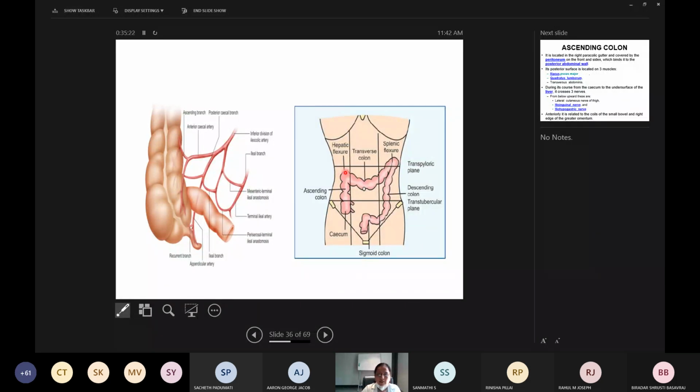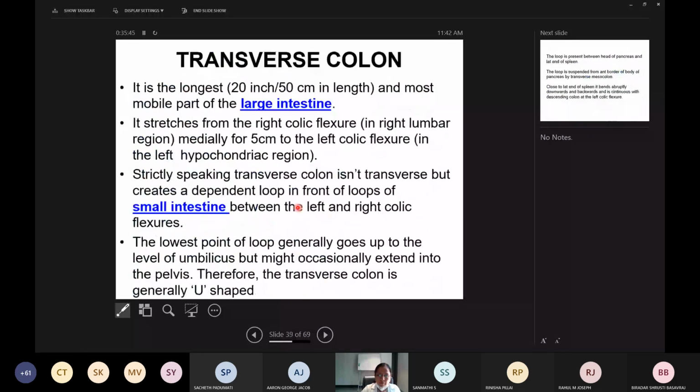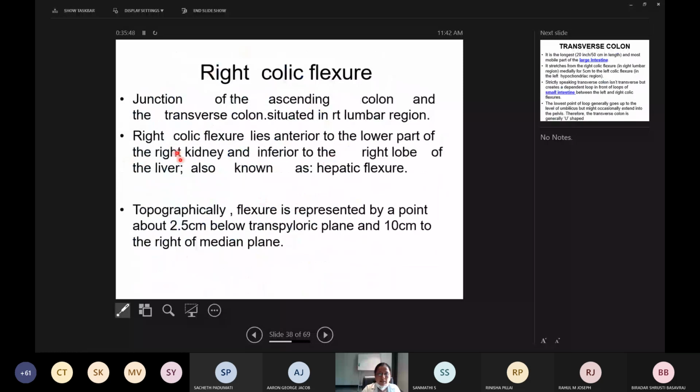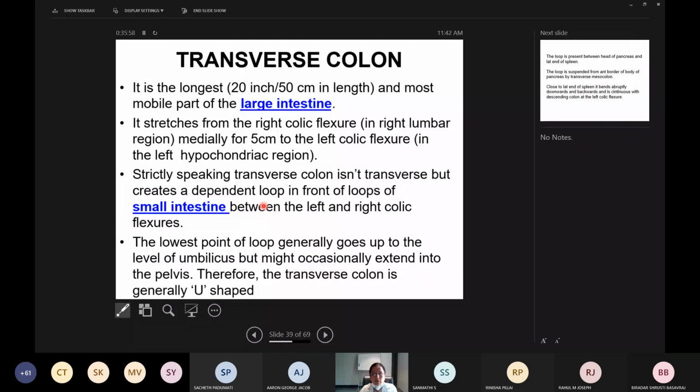It is situated at a lower level compared to the left colic flexure or the splenic flexure, in the right lumbar region. The right colic flexure lies anterior to the lower part of the right kidney and inferior to the right lobe of the liver.